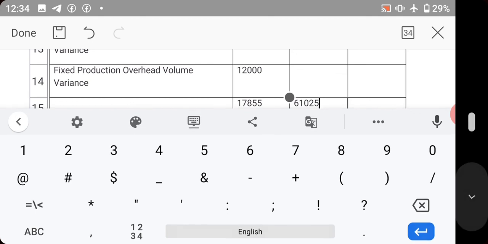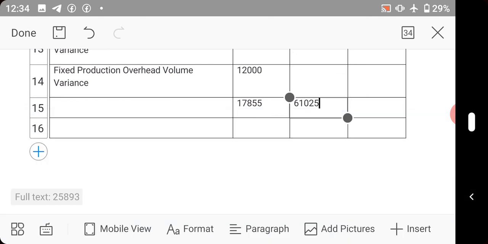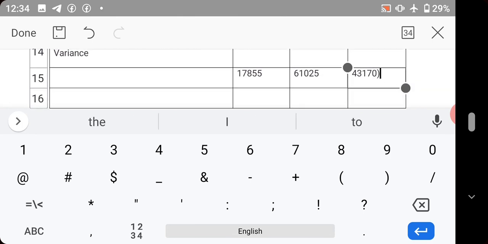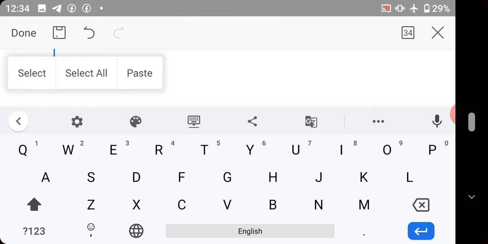Now this adverse is minus, while 17,855 is positive. So you just minus 17,855. We have 43,170, and it will be in minus because the adverse is higher.